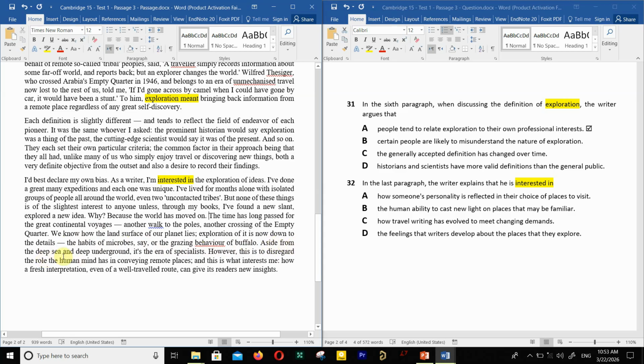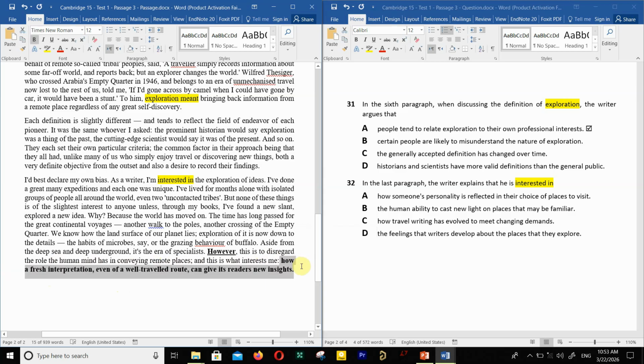Aside from the deep sea and deep underground, it's the era of specialists. However, this is to disregard the role the human mind has in conveying remote places, and this is what interests me. How a fresh interpretation, even of a well-traveled route, can give us readers new light.